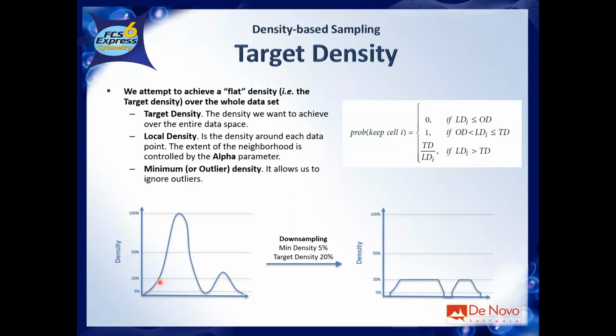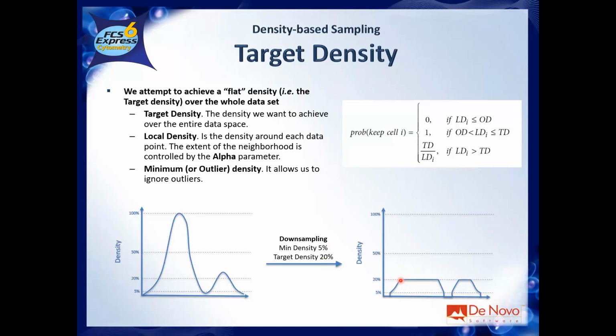So let's say that this is the density distribution of a given parameter. Here you have density, not count, and this is just a single parameter. Let's say that we want to perform a downsampling with these two values, minimum density 5% and target density 20%. So this is the final result.